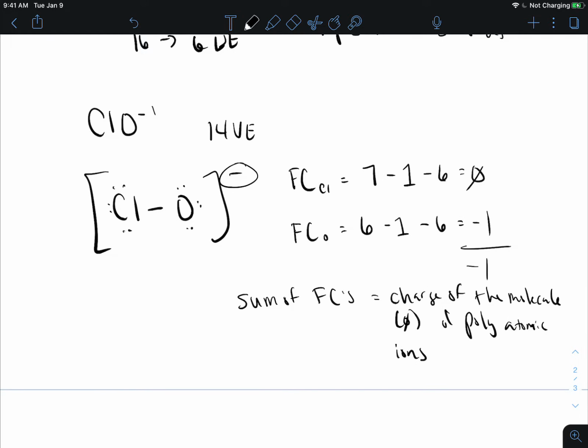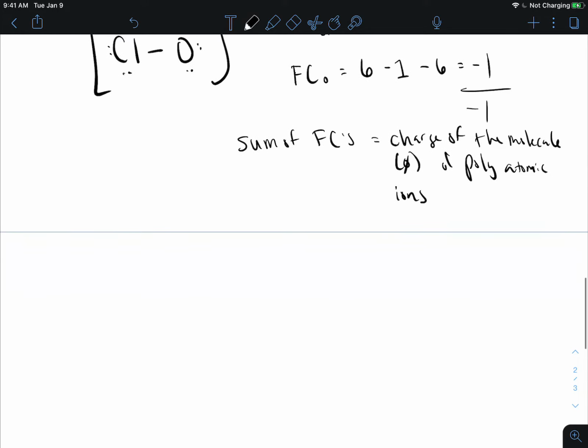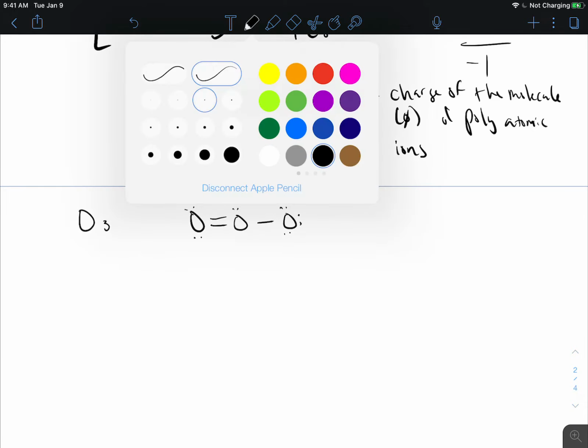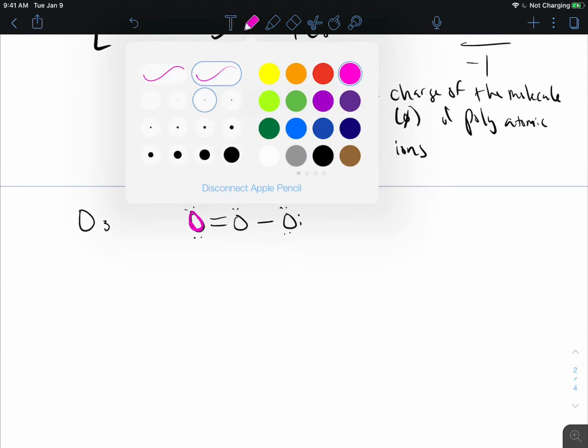Okay, let's move on to the idea of resonance, which also tells us information about the stability of a molecule. So let's think about ozone, for instance. O3 has the following Lewis structure, like so. If we were to draw formal charges for this, let's say this pink one is 1.